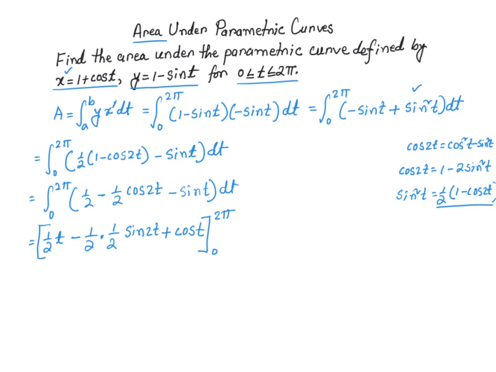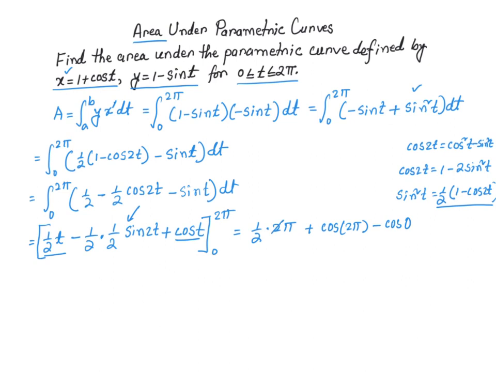When we are evaluating it, we can ignore the middle term, because sine of 0 is 0, and sine of 2 pi or 4 pi is also 0. And 1/2 t, so let's take that. 1/2 times 2 pi minus 1/2 times 0, so I can ignore that as well. Now let's go to cosine of t, so that's going to be plus cosine of 2 pi minus cosine of 0.